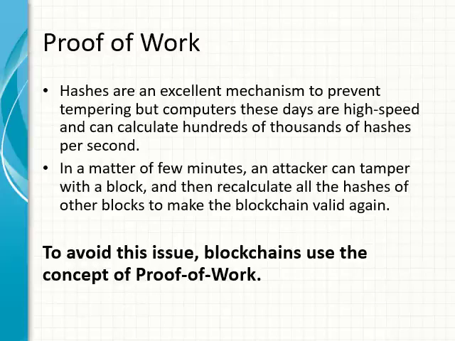They can insert blocks, and this will create a problem in blockchain technology. So to avoid this issue, blockchain uses one more mechanism, called proof of work. In coming lectures we will learn more about proof of work.